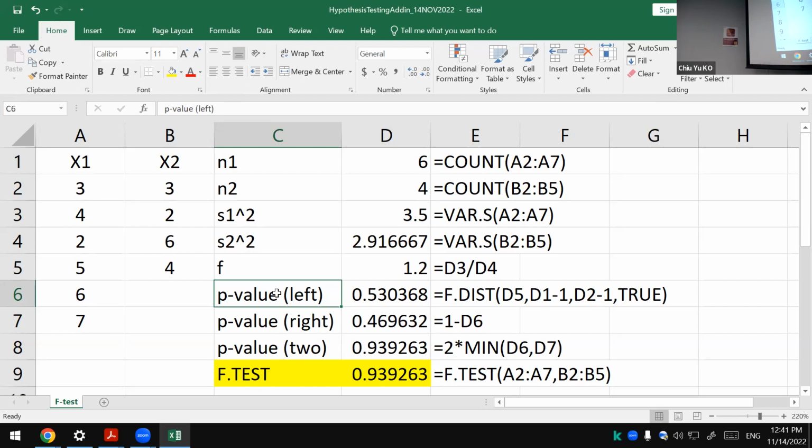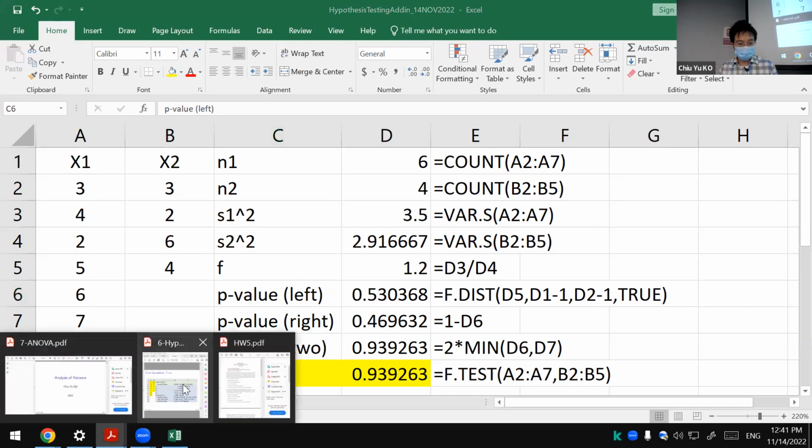So that is how you would handle your work. Next I will talk about the add-in, because that is a quick way to do this, and that's probably what you may be working on.